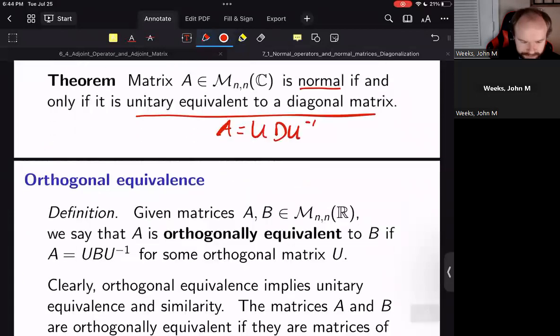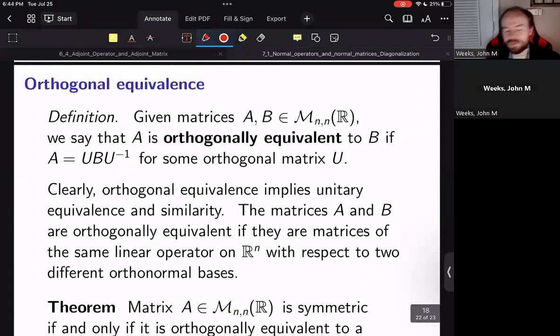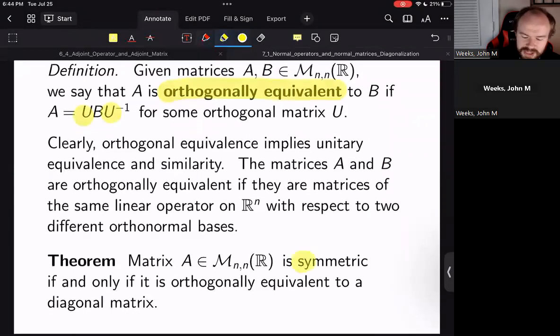In terms of the real vector spaces, we would say that matrix A is orthogonally equivalent whenever you can write it in terms of the real vector spaces version of unitary, which is orthogonal, if you can write U as an orthogonal matrix. And this gives us another characterization of a matrix being symmetric or self-adjoint.